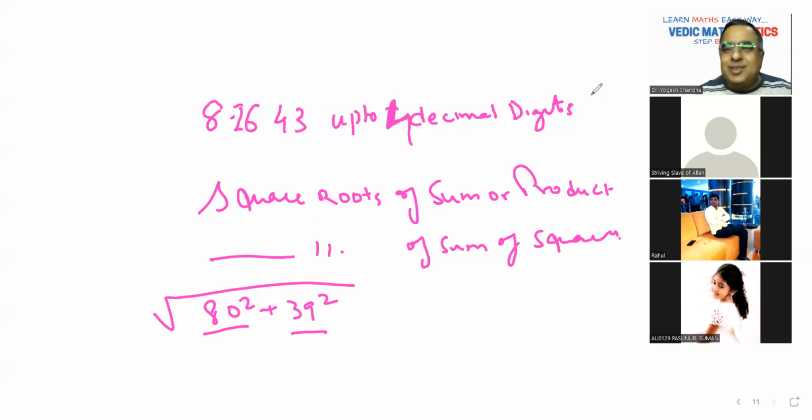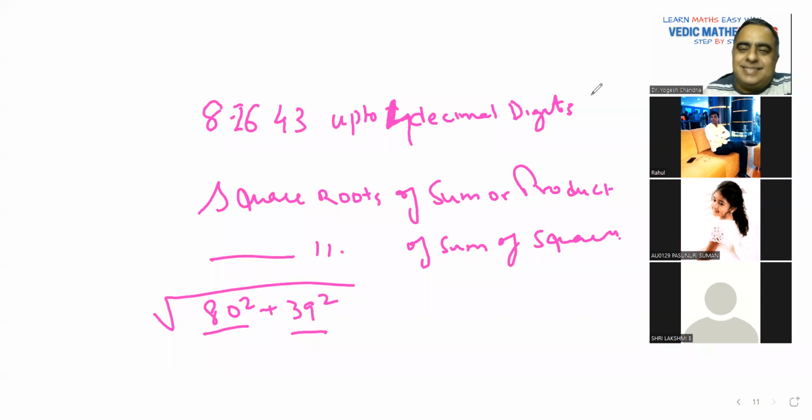Yes. कोई question है? Rahul? Suman? So for this 8.26, we need to take it as 0, no sir? 0, 8 point. In that manner, we need to consider it. Last time also you asked me, let's put 0 before 5. Why is it required?